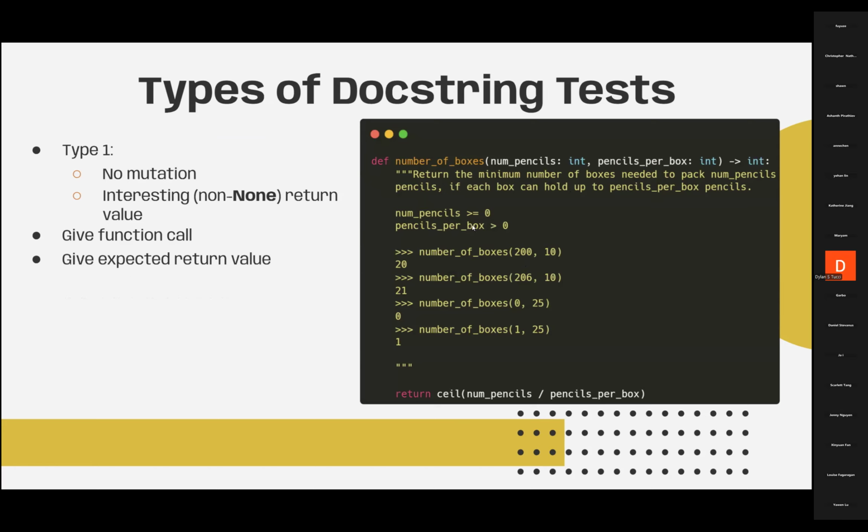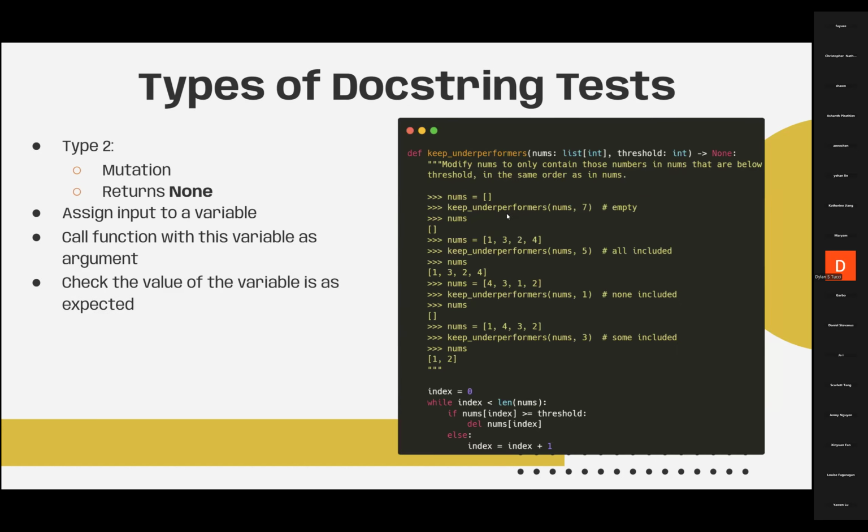I'll give an example of an uninteresting one where your num pencils is 0, and your pencils per box is some value greater than 0, in which case every single time you'll get 0. So that would be kind of uninteresting. But this is pretty straightforward. You just give your function call and then give the expected return value. So nothing too crazy there.